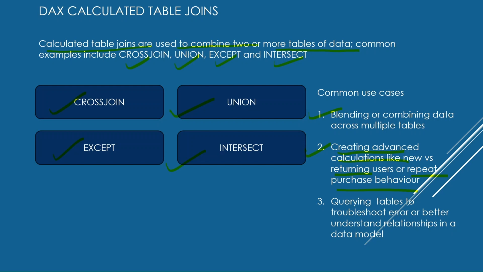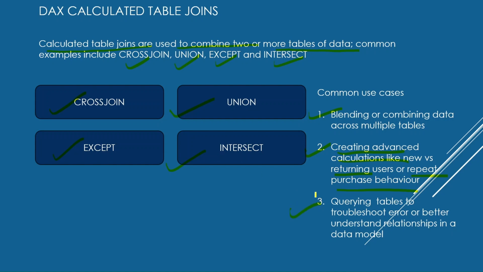There are a lot of combinations, and what is the repeat purchase behavior of those users. Whenever we want to do such a calculation, the data must be gathered from different tables, and with the help of a calculated table joins function, we are able to gather the data from different tables to do the advanced calculation.